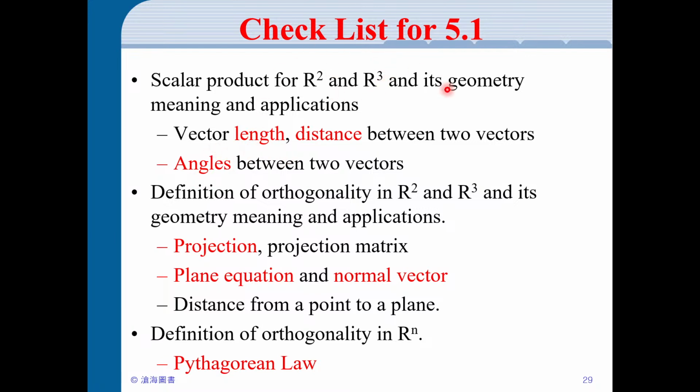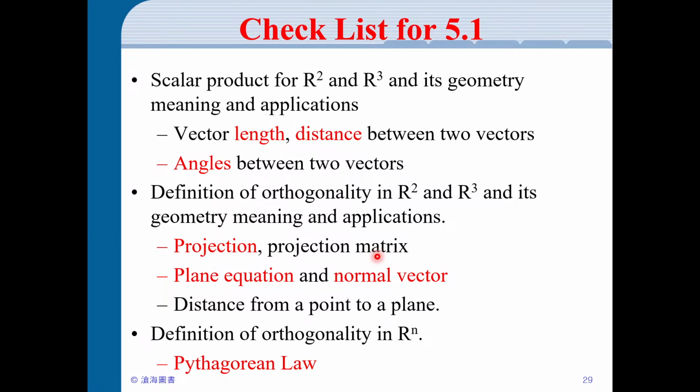That's for R2 and R3, and we just extend those to Rn. Knowing the angle, we can do a lot of geometric calculation in R2 and R3. For example, we can do projection, and we can define planes through their normal vector, and we can calculate the distance from a point to a plane, etc.